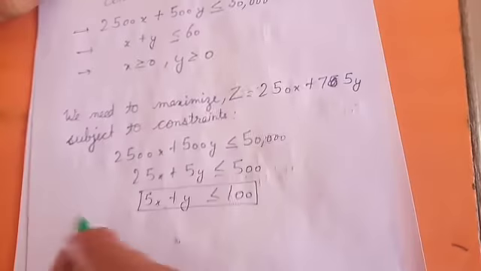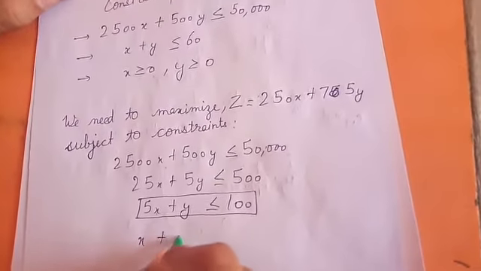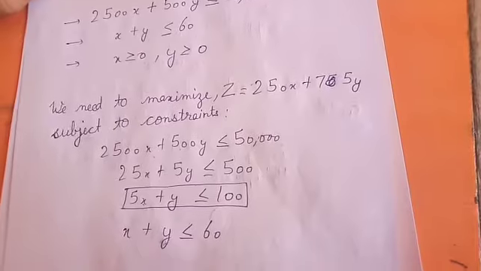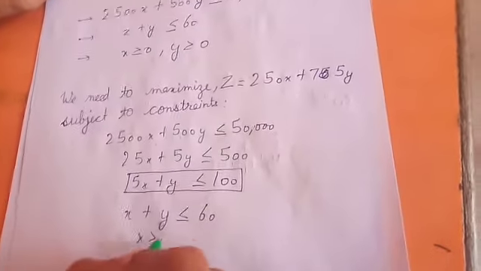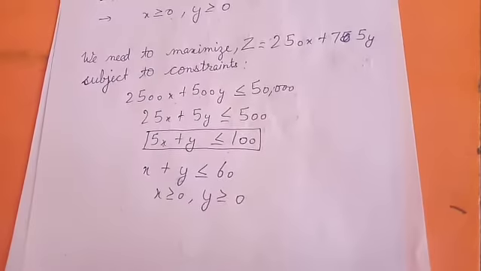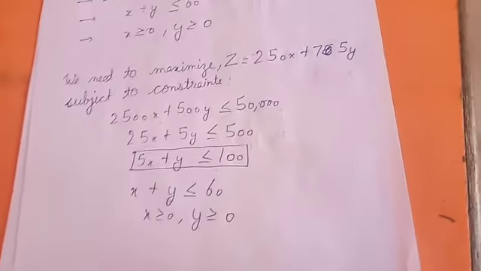Now what is another constraint? Another is x plus y should be less than or equal to 60, x should be greater than or equal to 0, and y should be greater than or equal to 0. In this way you have to solve your first exercise.